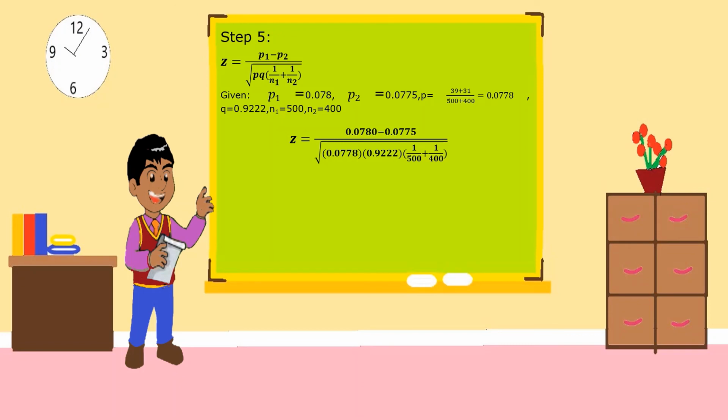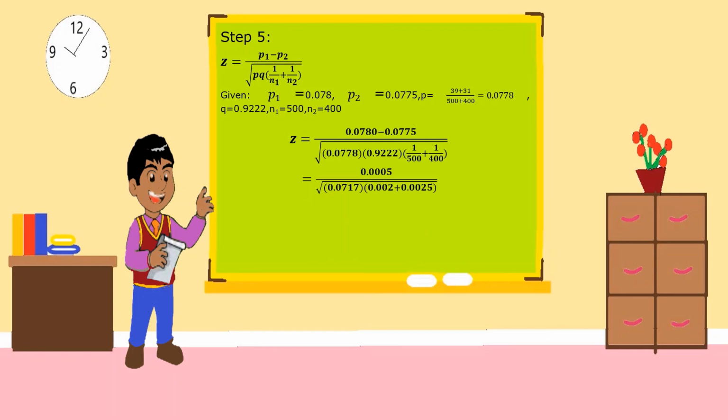Using the formula, our Z is equal to 0.0780 minus 0.0775 divided by the square root of the product of 0.778 and 0.9222, then multiplied by the sum of 1 over 500 plus 1 over 400.